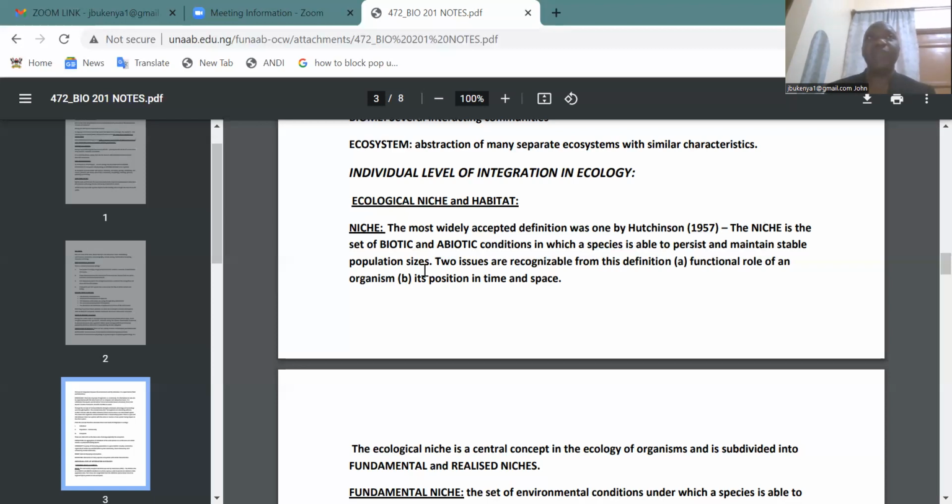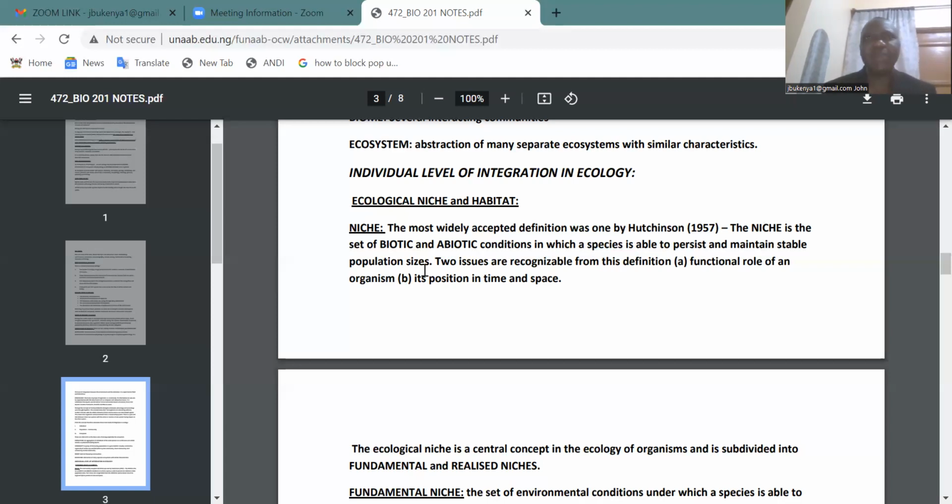For example, the organism may be described not only by where it lives, but also what it does there. Is the organism a pollinator? Is the organism a decomposer? Is the organism a grazer or a browser? Is the organism a model or a mimic?